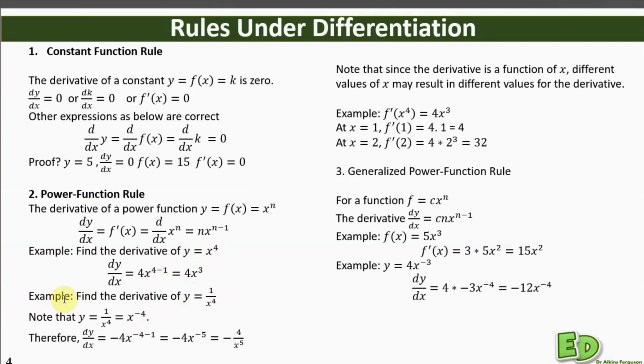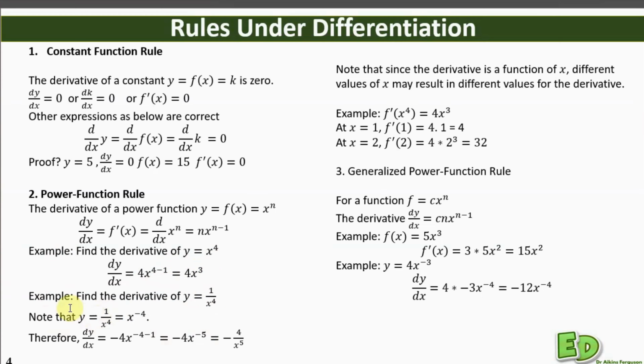Okay. The second example is to find the derivative of the function y, which is equal to 1 over x to the fourth, right? To make this function easier to differentiate, we will just rewrite it.